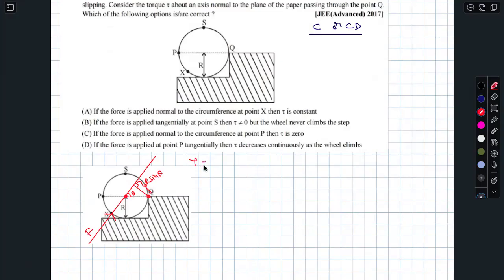So in this case, the torque is Fr sin theta. Since theta changes, torque is not a constant. This option is wrong.